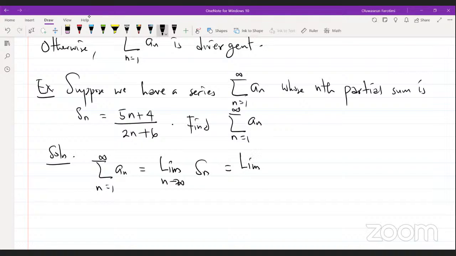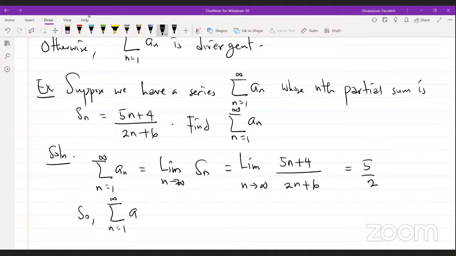So I'm just going to do the limit as n goes large of (5n plus 4) divided by (2n plus 6). If you compute this limit, you just get 5 over 2. So this is just going to be 5 over 2. Makes sense. Now, in this case you're given what S_n is, but in some other cases it is not easy to find an expression for the sequence of partial sums. Sometimes it is not easy.